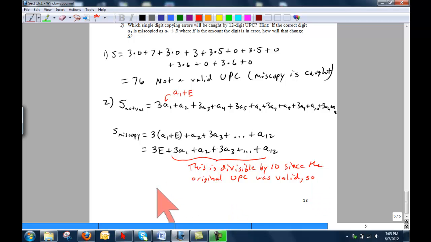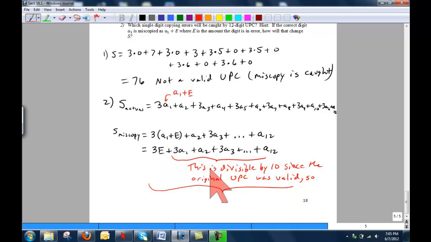So then the question is, what about this whole thing? I mean the 3E plus the remaining things. Okay, think about it. You have a number divisible by 10, and now you're adding something to it. When will that entire sum be divisible by 10?